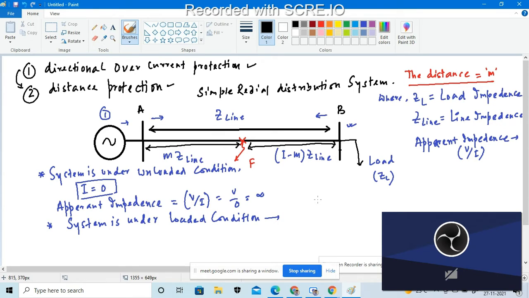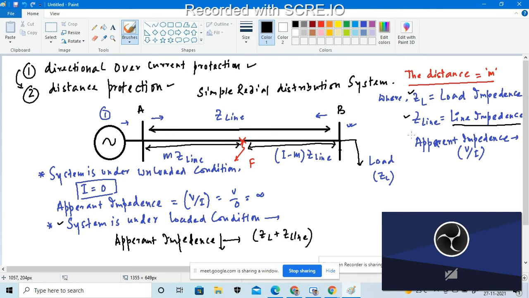What will the value be? The apparent impedance for this particular case will reduce to some finite value, which will be considered as ZL plus Z line, where ZL is the load impedance and Z line is the line impedance.